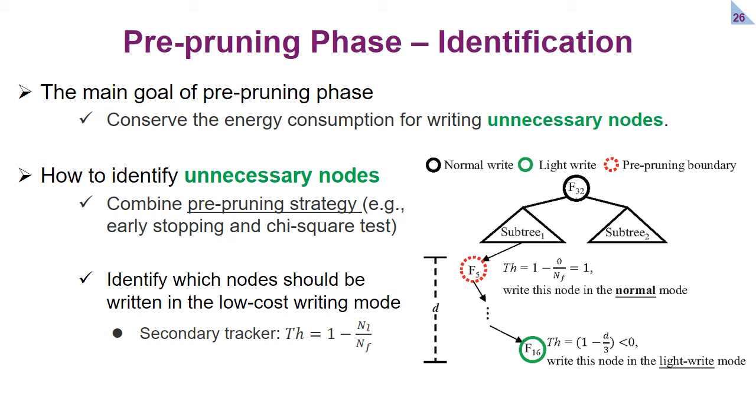The second one is to identify which node should be written in the low-cost writing mode. For example, the secondary checker can be used as the test to see whether this node will possibly be pruned in the post-pruning phase. Therefore, we can use the light-write mode to write it.